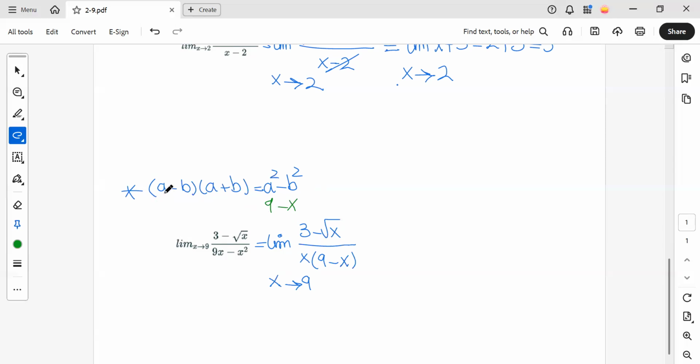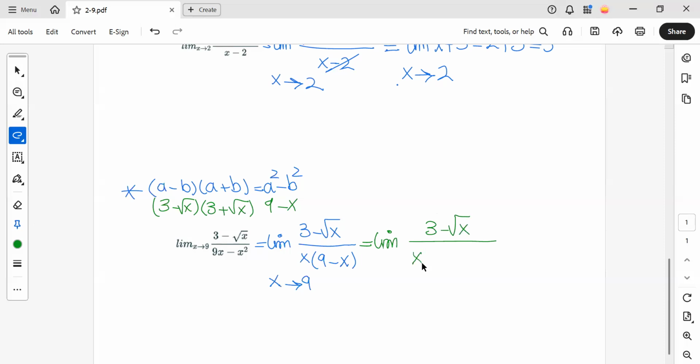Okay, so a here will be square root of 9, which is 3, minus square root of x times the same thing with a plus. So I will rewrite that here, keep the top the same.